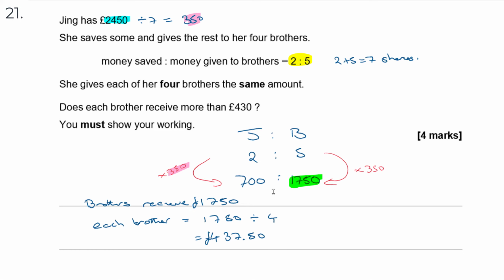Okay, so does each brother receive more than £430? Yes, each brother gets more than £430 then. Okay, so remember to answer the question at the end.